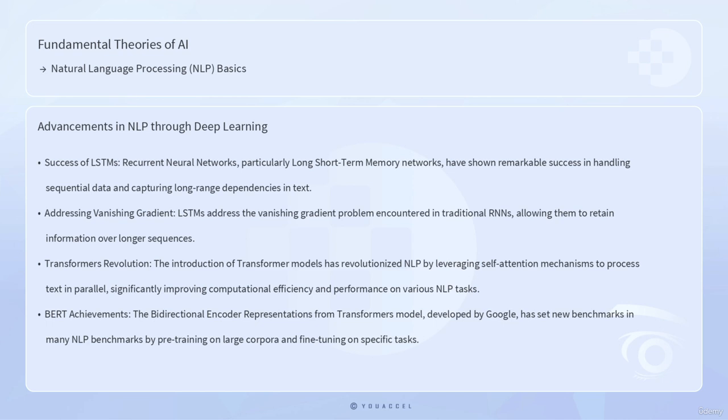More recently, the introduction of transformer models has revolutionized NLP. Transformers leverage self-attention mechanisms to process text in parallel, significantly improving computational efficiency and performance on various NLP tasks. The Bidirectional Encoder Representations from Transformers model, developed by Google, has set new benchmarks in many NLP tasks by pre-training on large corpora and fine-tuning on specific tasks.